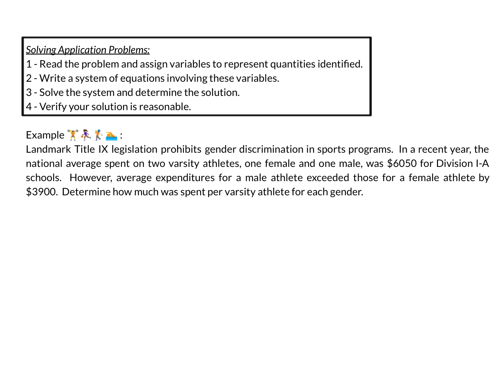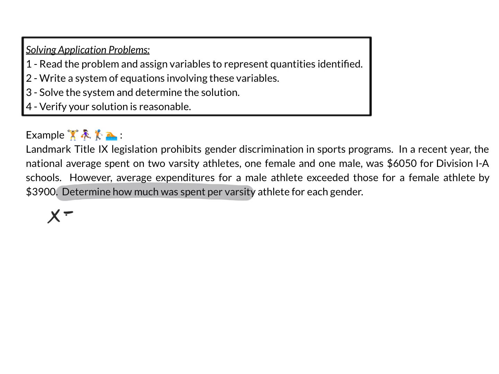So what we need to do is go back and figure out what is our variable. What are we being asked to solve for? At the very end, it usually tells us what we are solving for. How much money per varsity athlete, right? So we can say let X equal, that's a little large for my font size.